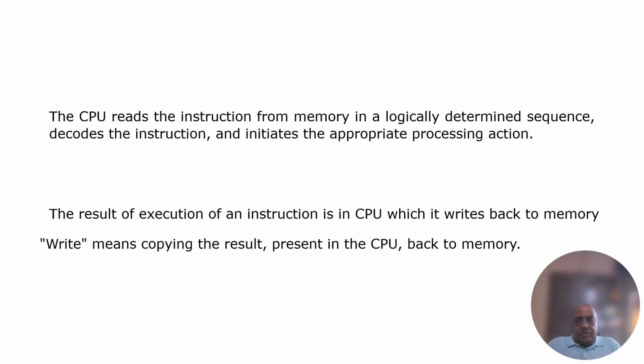Who decides the sequence? It is the programmer who writes the program who decides the sequence in which the program should proceed. Each instruction is decoded, and as per the instruction, appropriate processing action is initiated by the CPU.